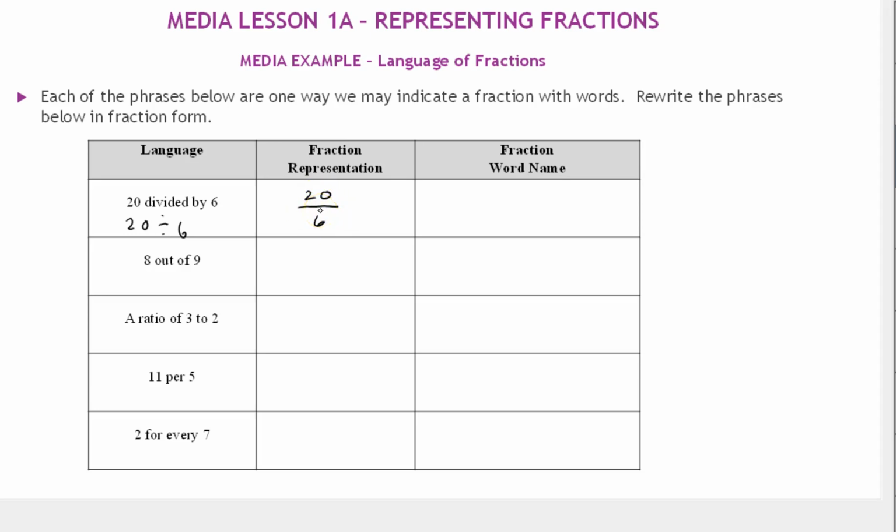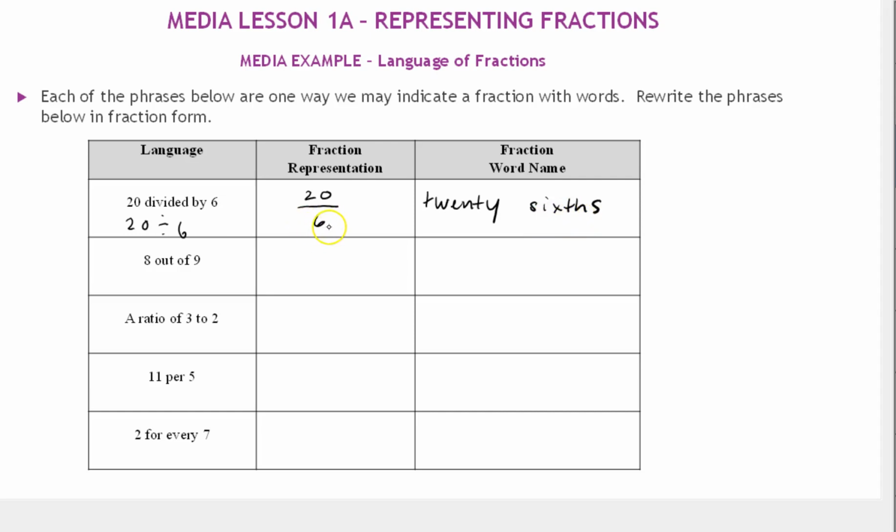The name for this single number is the first number, which is 20, and the second number written with a THS at the end, so 6. So this is 20 sixths, and it's kind of hard to hear that TH part.